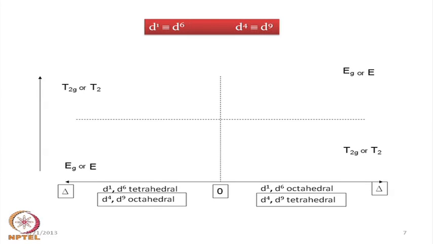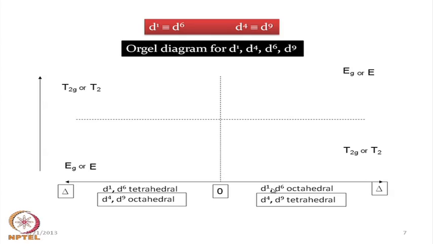So, for D1 and D9 and D4 and D6, they have the corresponding equivalence, that means D1 will be equivalent to D6 and D4 will be equivalent to D9 in terms of the corresponding splitting. So, we can have these 4 ions, D1, D9 and D4, D6, and we can have the corresponding energy values on this particular axis.